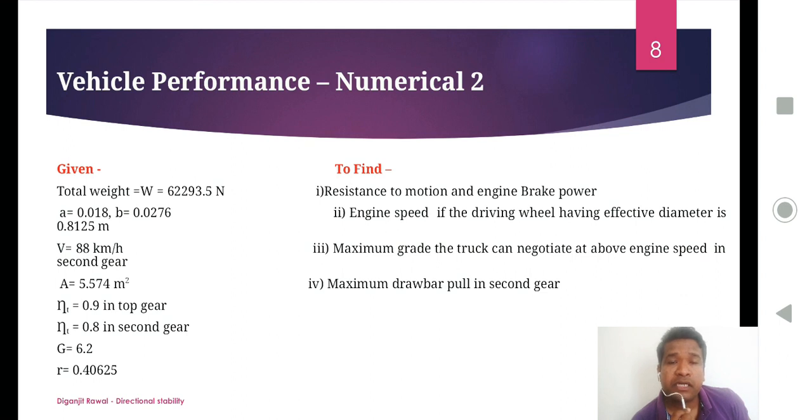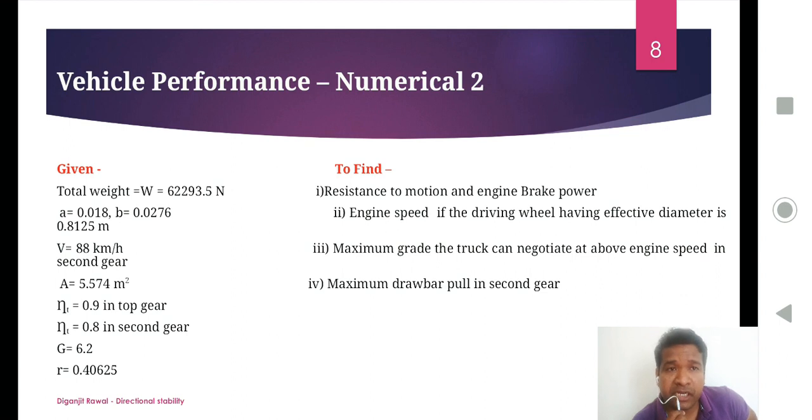Next, the transmission efficiency is equal to 0.9 in top gear, 0.8 in second gear. G is equal to 6.2 for top gear, G is equal to 15 for second gear, small r is equal to 0.40625. And we have to find out resistance to motion and engine brake power in first condition.